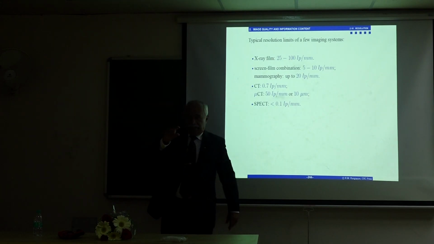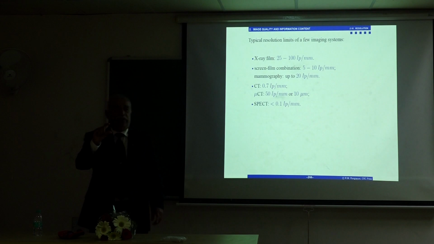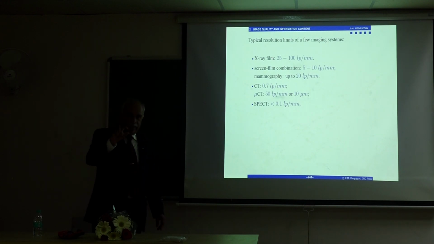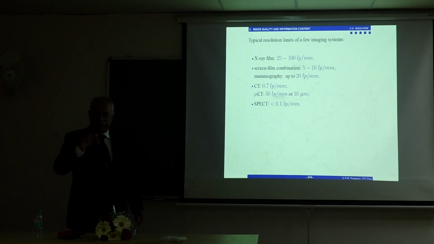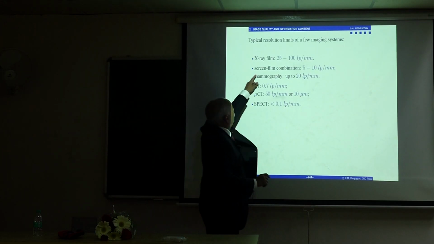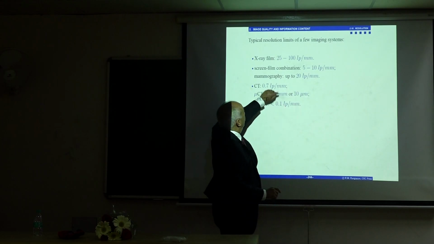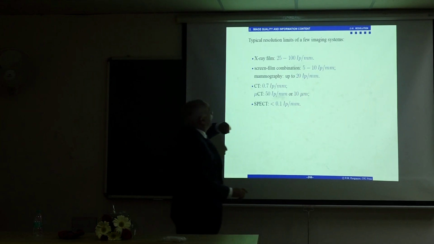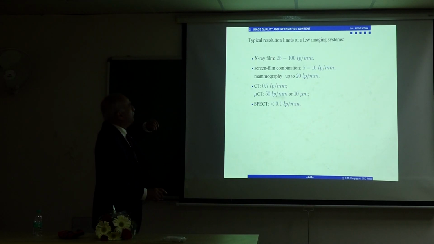When you have a scintillation crystal, sodium iodide, that introduces blur within the crystal, and the thicker the crystal or the screen, the worse the blurring. So when you introduce that, you may go down to 5 to 10 line pairs per millimeter.